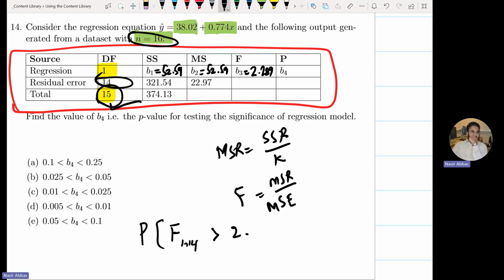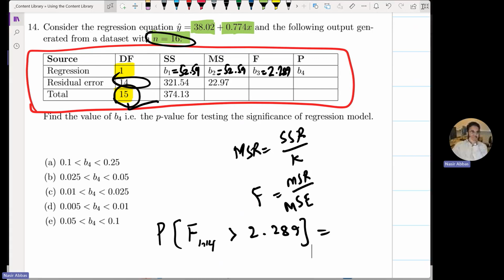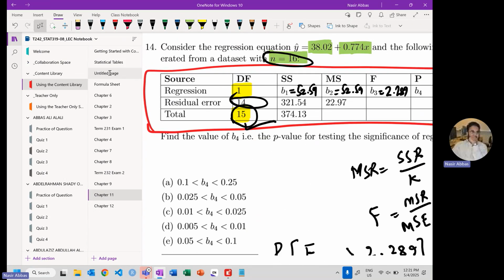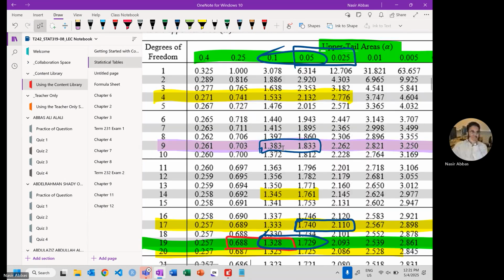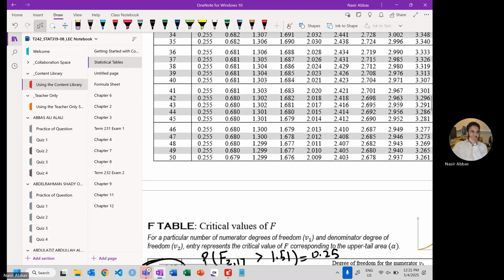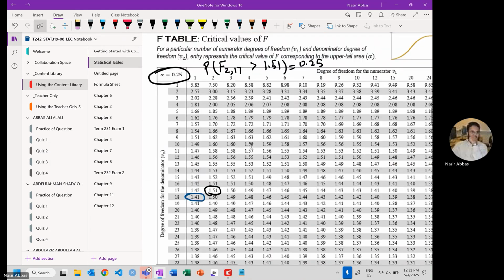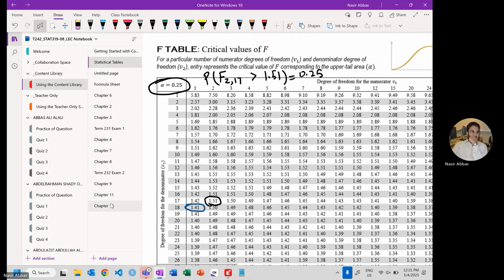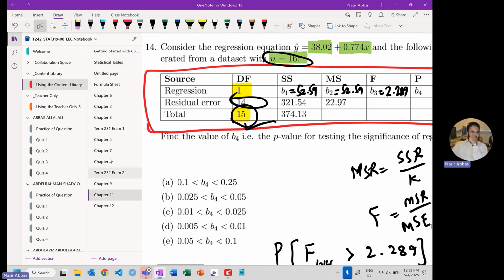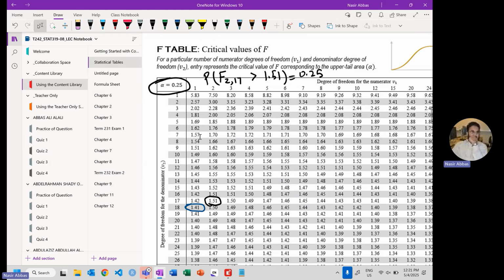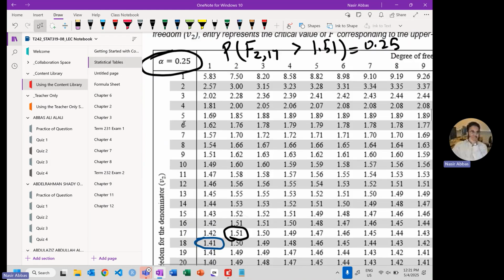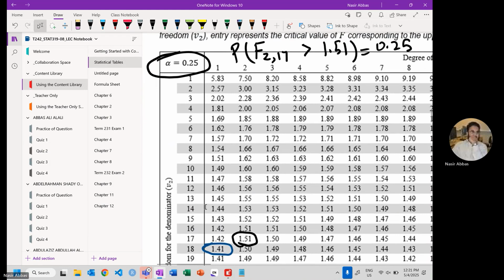Greater than 2.289. So let's go to the F distribution and look for 2.289. What was the degree of freedom again? 1 and 14. What is the value here? What was your value?